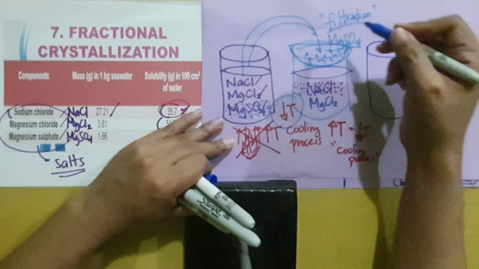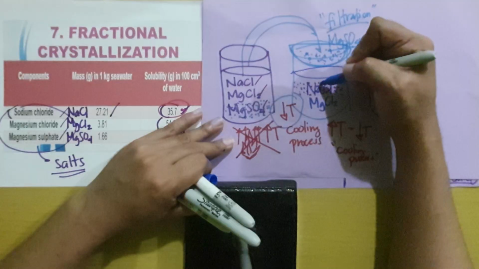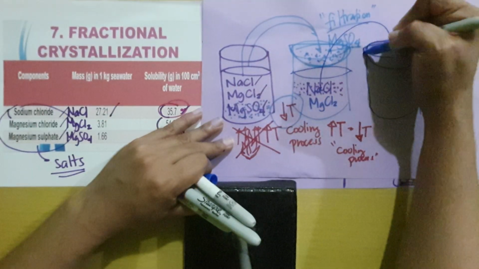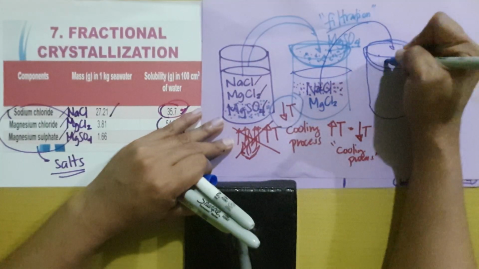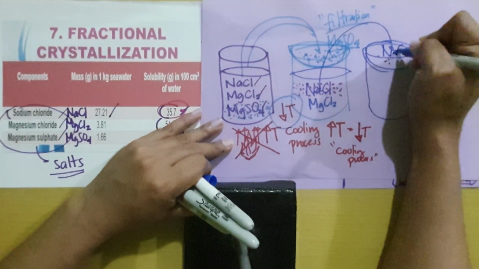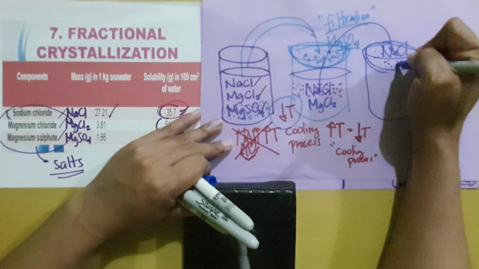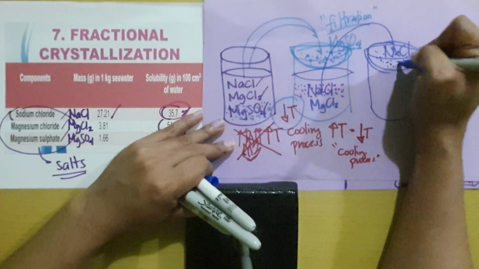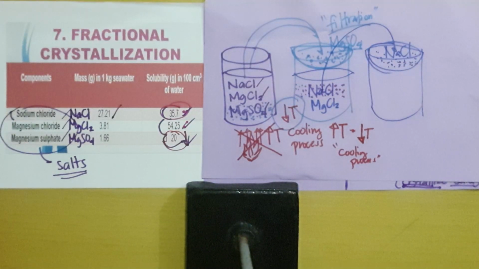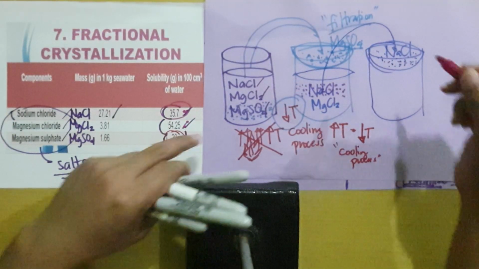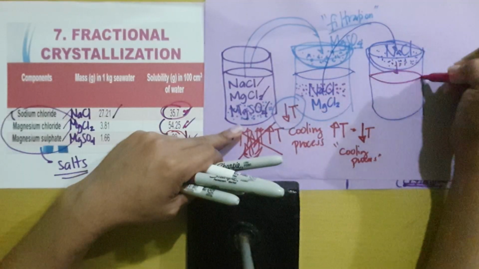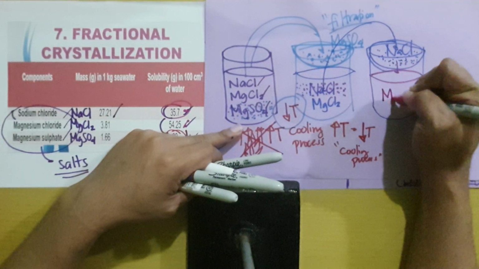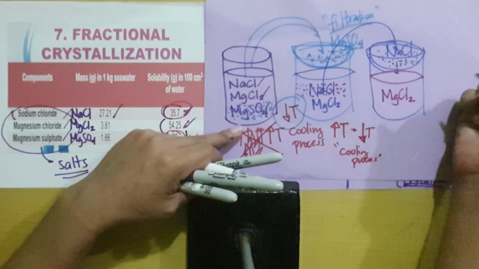So again, the process will be repeated once more. The sodium chloride will be recovered through the process of filtration. So in our third container, the sodium chloride was recovered. Then the remaining solution here will be a mixture that consists of magnesium chloride only.